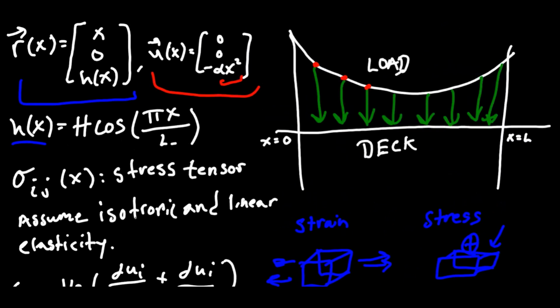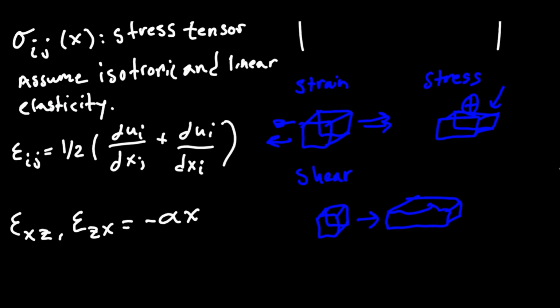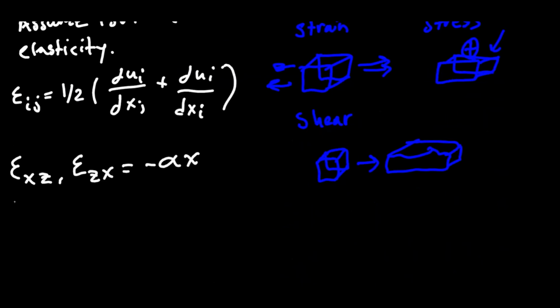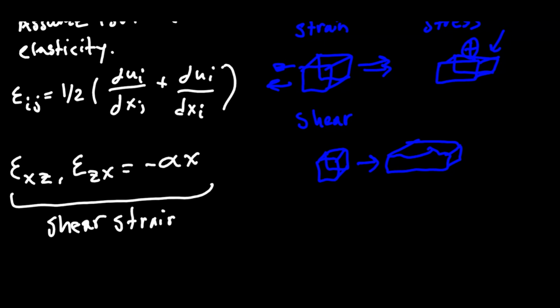This right here is the shear strain. So the shear strain is negative alpha x. The cable is basically being pulled downward along its length.